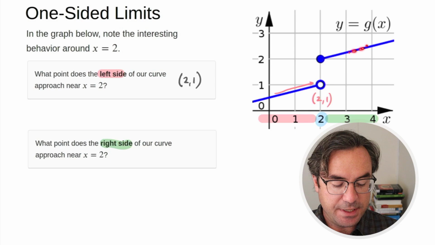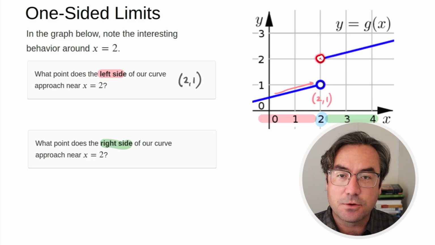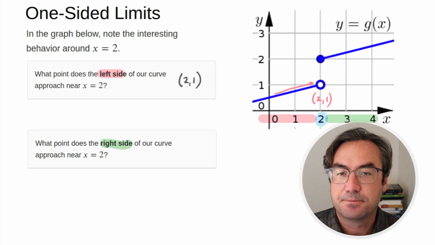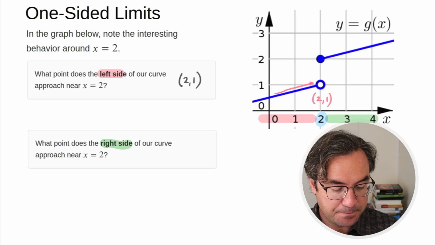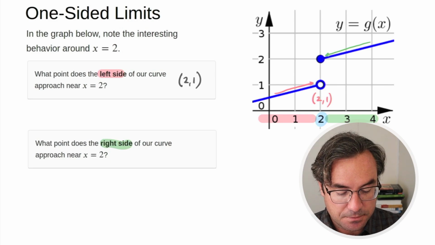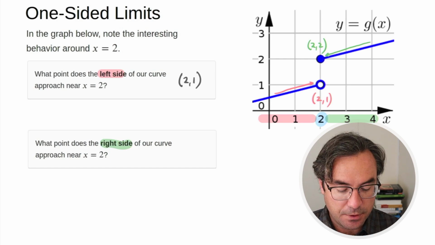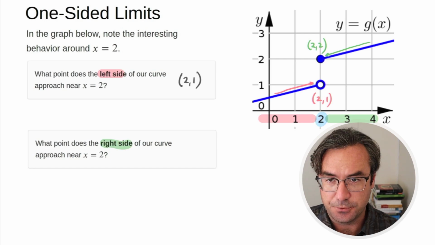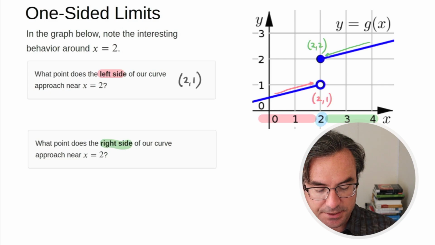As we take our steps, we're getting closer and closer to that point. So what are the coordinates for that point? To me it looks like (2, 2). The x-coordinate is 2, and the y-coordinate is 2. So it looks like we're heading closer and closer to that point.